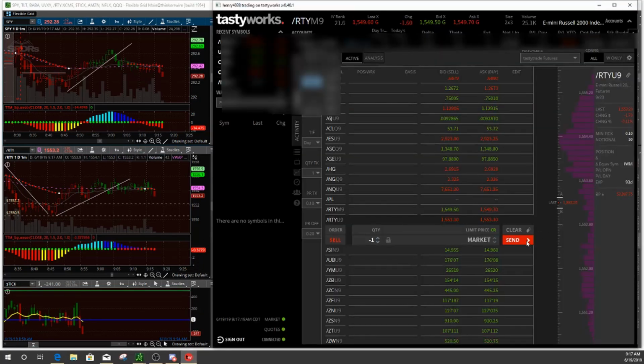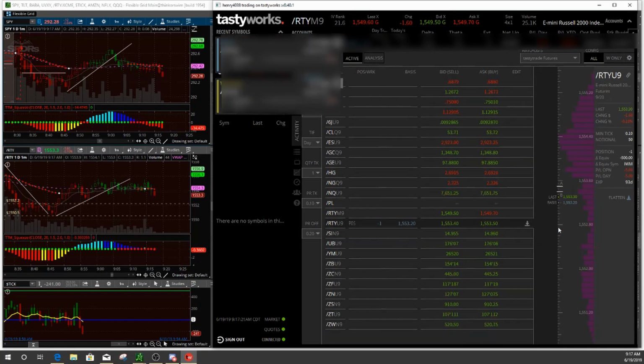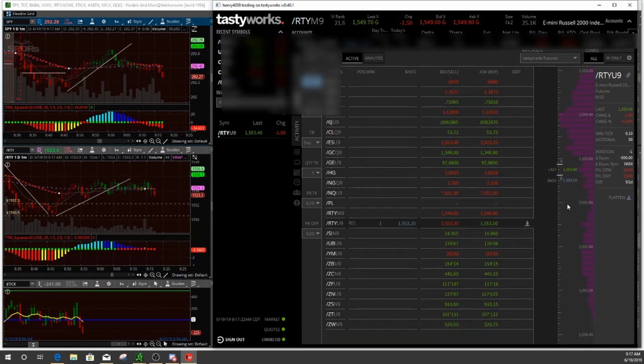All right, here we go. I'm going to take this tier 2 signal for the short side, see if we can get filled here. Let's see. Just going to take it for 1 point.